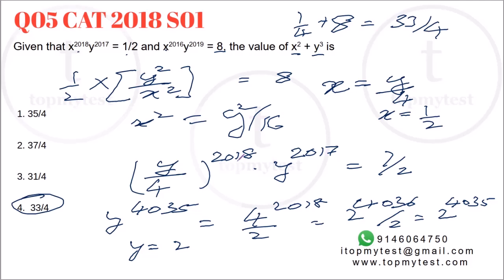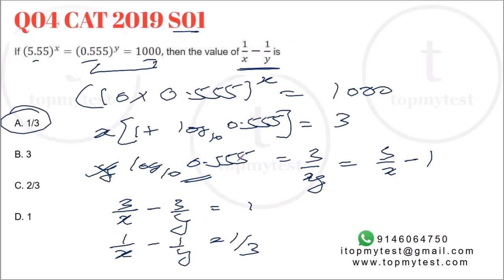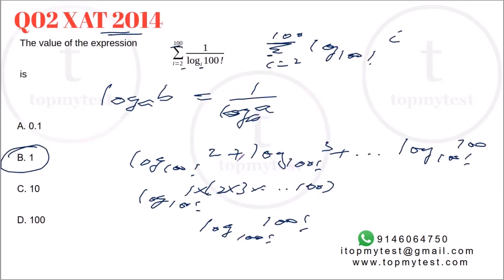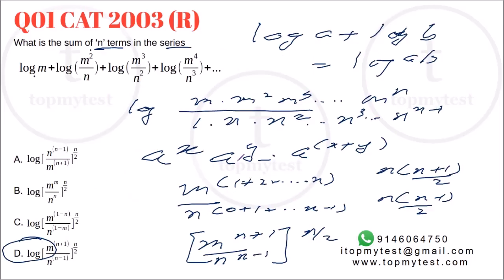Now, indices, surds, logarithms, as I said throughout this entire set of explainers, are the most important things that you should concentrate on when it comes to numbers as well as algebra. They are the intersection of numbers and algebra.